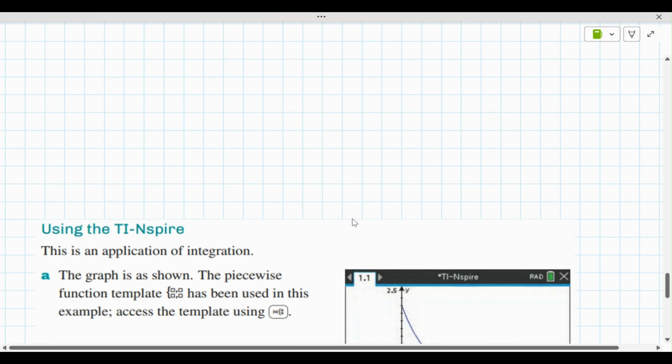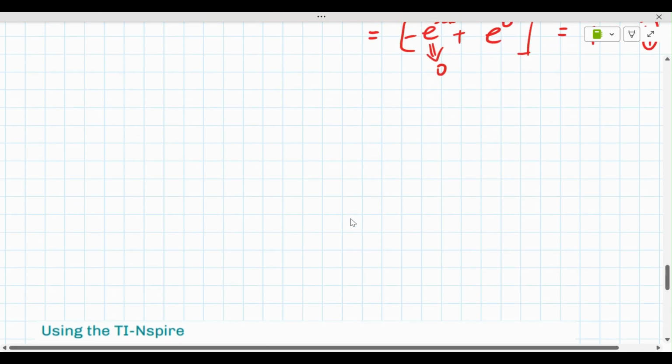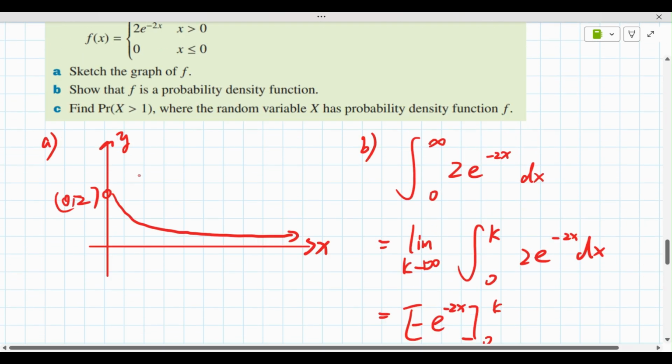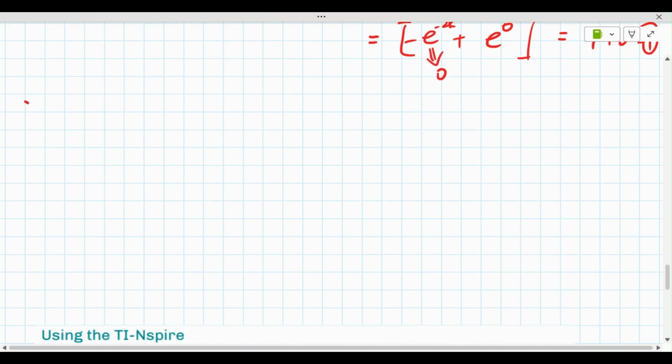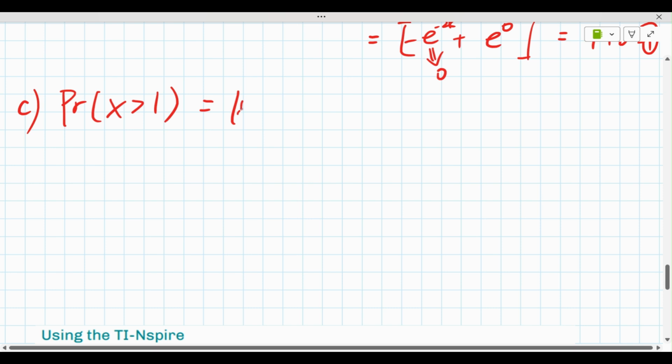Question C. Let's go with question C. Probability of x greater than 1 equals the limit as k goes to infinity of the integral from 1 to k of 2e to the negative 2x dx.